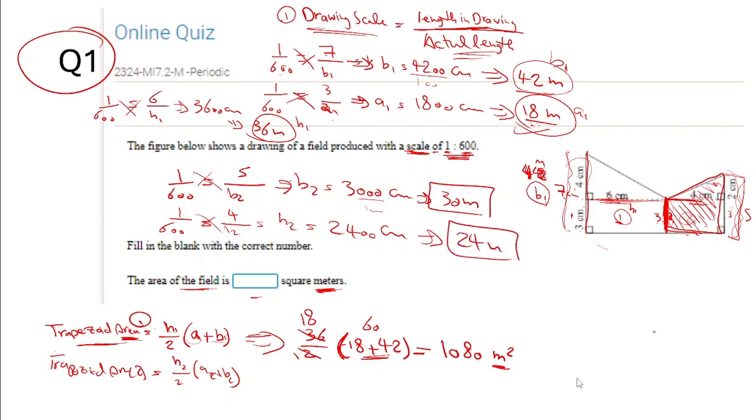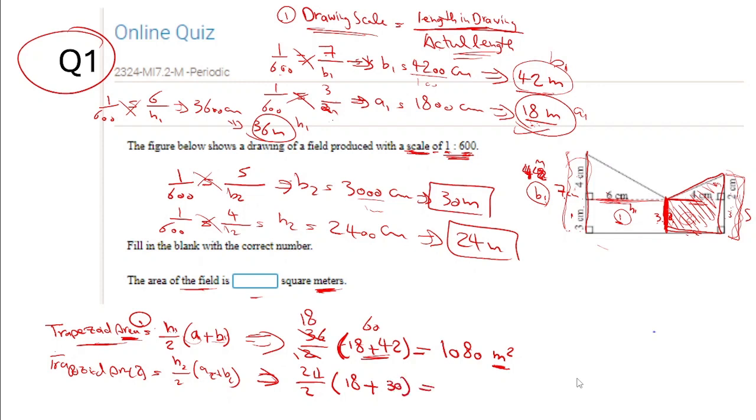Okay, and we have this 3, we already got it before. So let's apply in the equation. So H2 here will be 24 divided by 2. Okay, the first side, which is A, it's already 18, plus the second side will be 30.